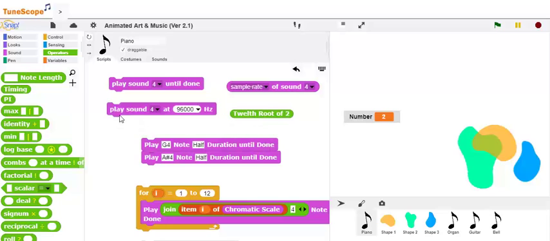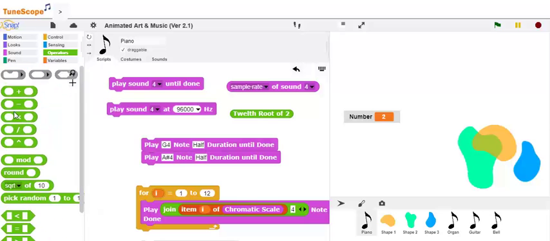And now what I want to do is multiply 48,000 samples per second times the 12th root of 2, and if I do that, that takes me from C to C sharp. So C, and then C sharp. And then if I keep doing that over and over, I'll just go up the scale from one note to the next. And that is how we can use a single sample to scale things.